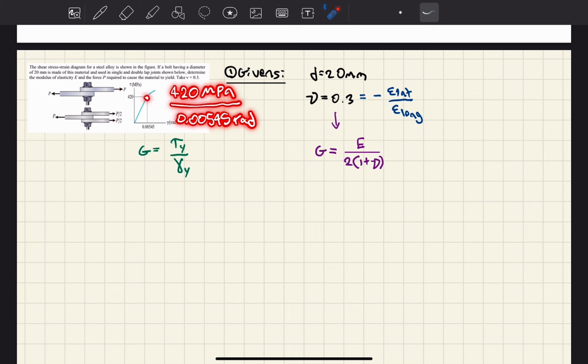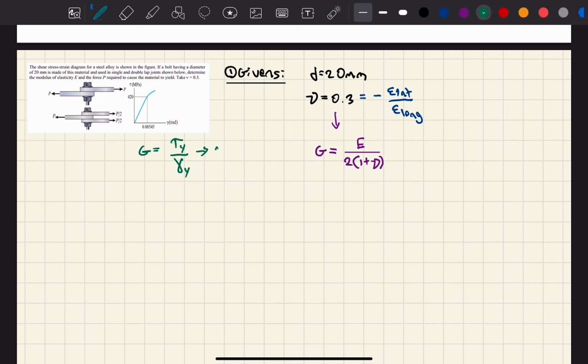When it stops being linear is where the yield point is for this shear stress strain diagram. So from this, I can say shear modulus is equal to 420 megapascals divided by 0.00545 radians.